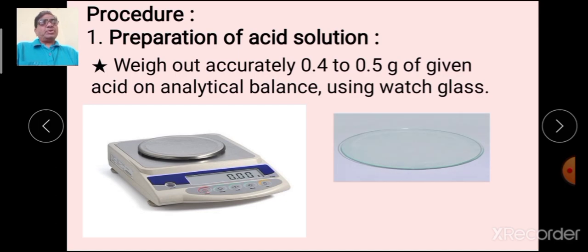First weigh the watch glass, then second will be the weight of watch glass plus acid. You have to take the weight between 0.4 to 0.5 gram, and finally you will get the weight of acid.